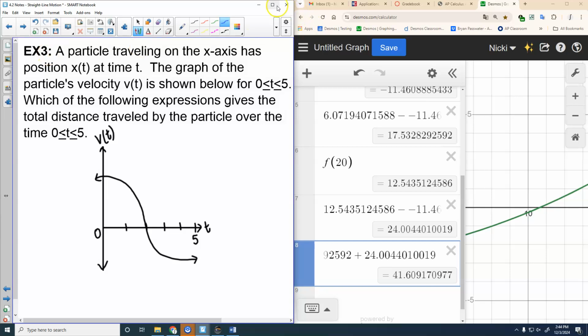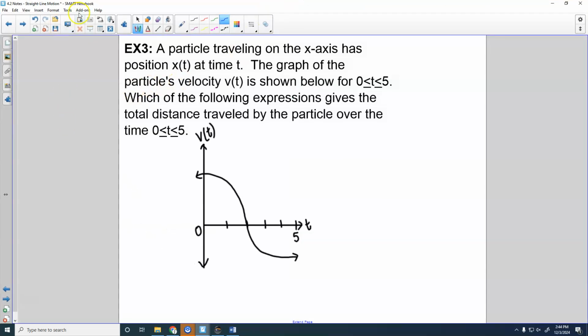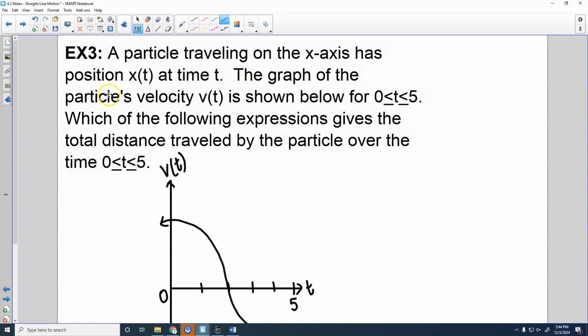So, for example 3, a particle is traveling on the x-axis, has position x of t at time t. The graph of the particle's velocity is shown below from 0 to 5.